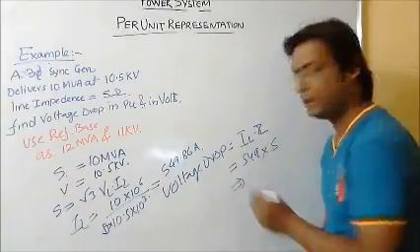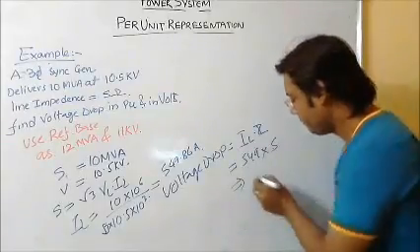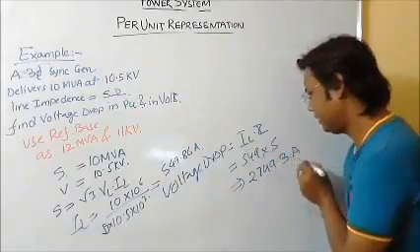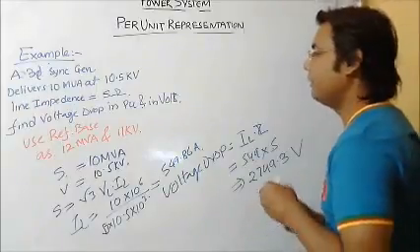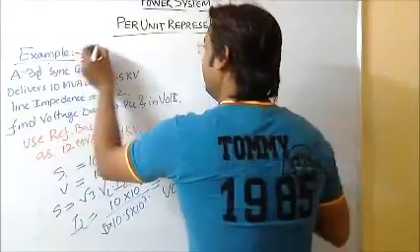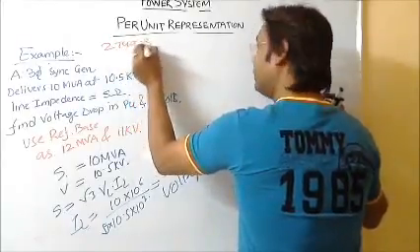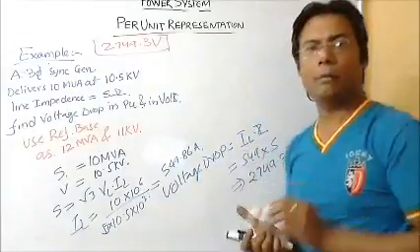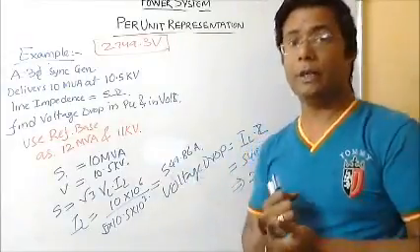So approximately this answer is coming as 2749.3 volts. This is the voltage drop which we are getting by the normal procedure, which we know till now.